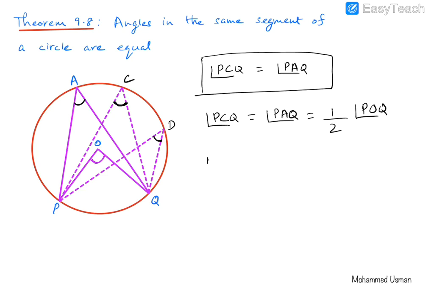So angle PDQ is equal to angle PCQ is equal to angle PAQ. So like this, we could have the point on the circle at any point on the major arc. All those angles would be the same because they are all angles lying in the same segment of the circle, which is this minor arc PQ.